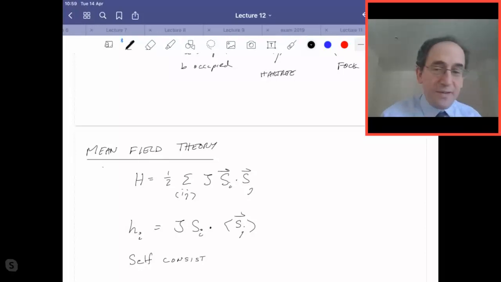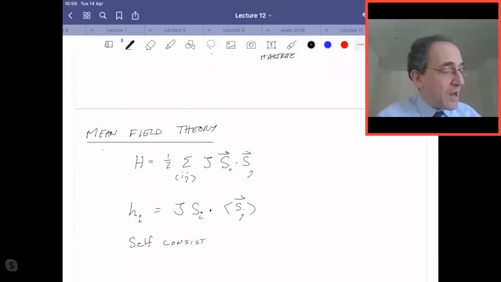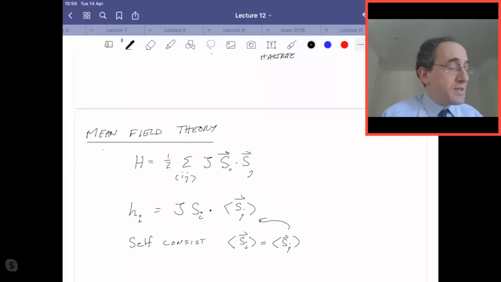I'm not sure that's actually grammatically correct, but we want the situation that when we calculate the expectation of S_i at the end of the day, it should equal the expectation of S_j that we used here. Okay, so that's the self-consistency step.